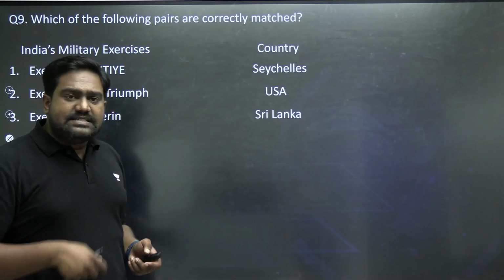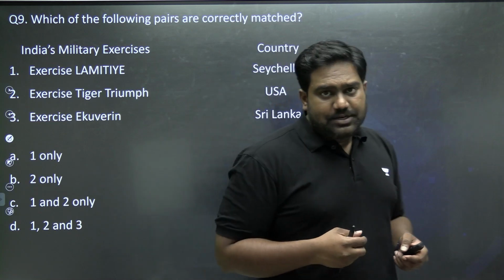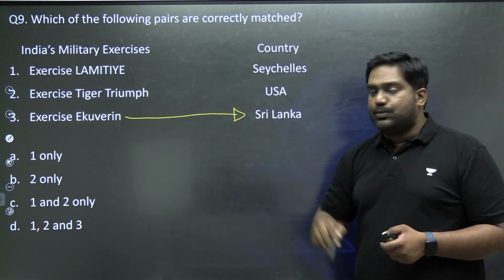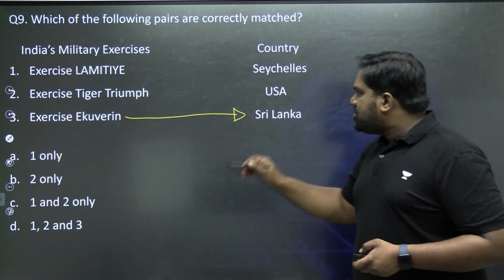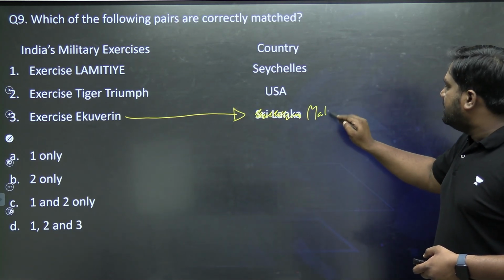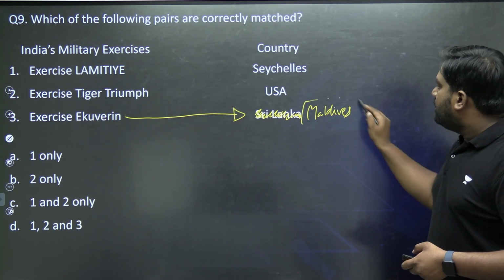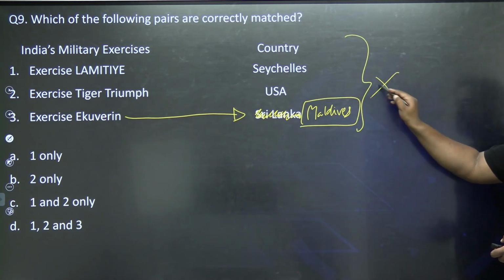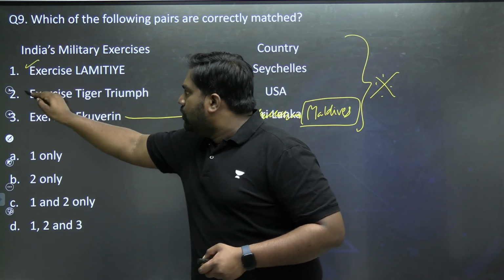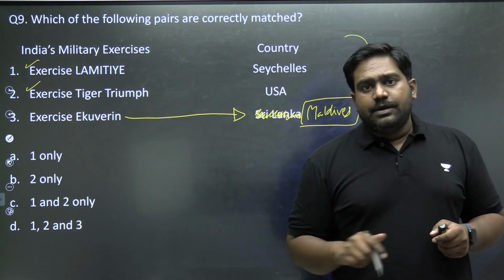So with this, we can easily go ahead and answer this question. Of course, I have to tell you about exercise Ekuverin as well, right? The question, please make a correction here. In the question, I had given this as Maldives, right? So now let's see how many of the pairs are correctly matched. 1 and 2 are definitely correctly matched.